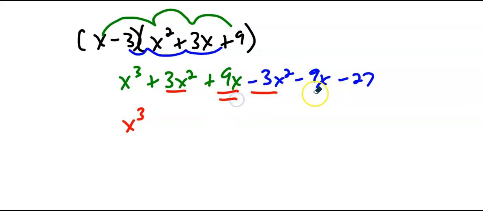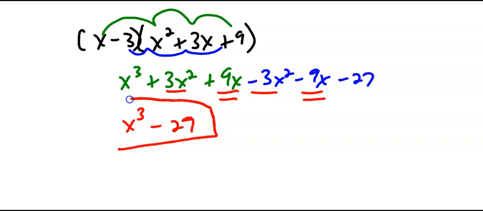We got plus 9x and minus 9x, they will cancel out. So we're left with minus 27, which was our original expression. So we know we factored it correctly. The beauty of factoring, you can always check your answer.